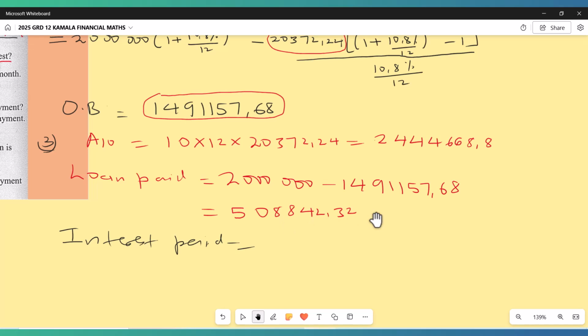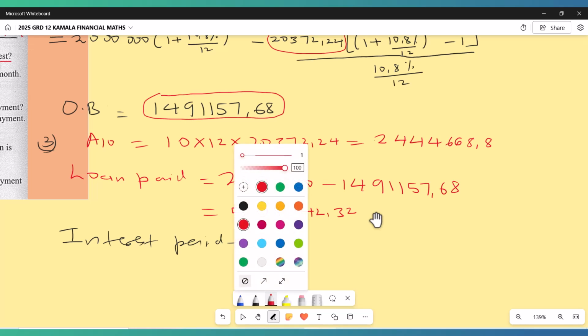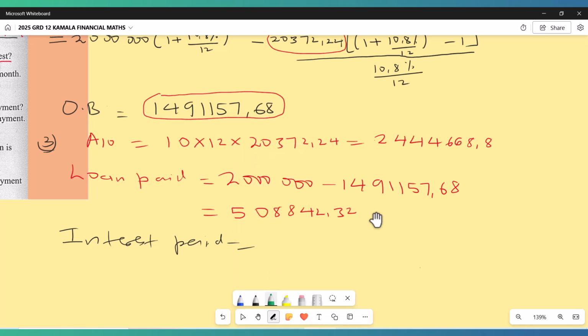So I'm going to say the money paid minus the loan paid.